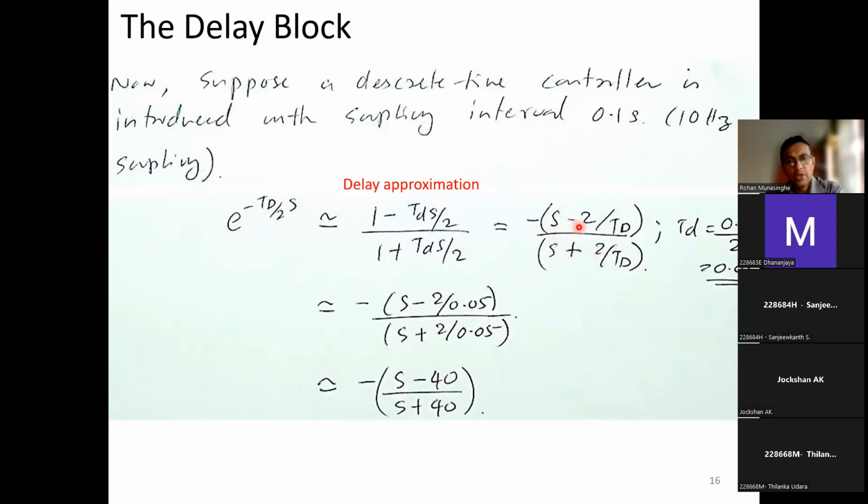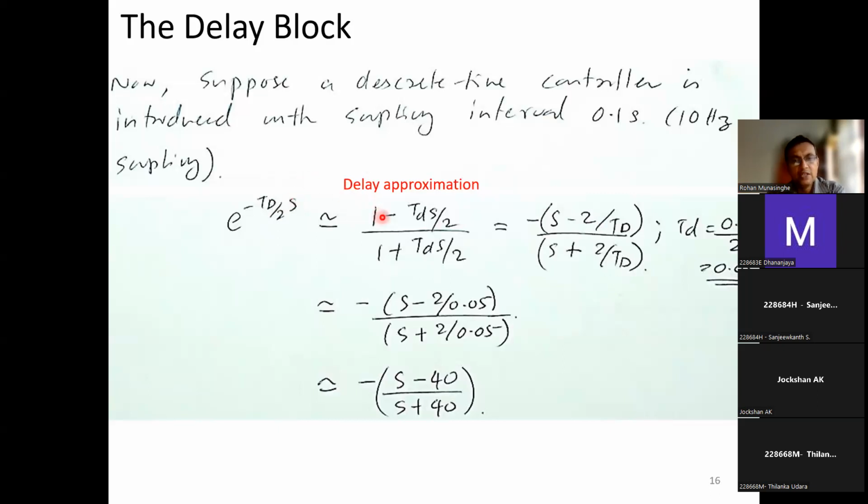Now, there you don't have the s in the exponent like over here. This is the major problem in discretization, because if you continue with the Laplace, s goes to the exponent and you are in trouble. That is why we have the Z transform also, to get rid of that.